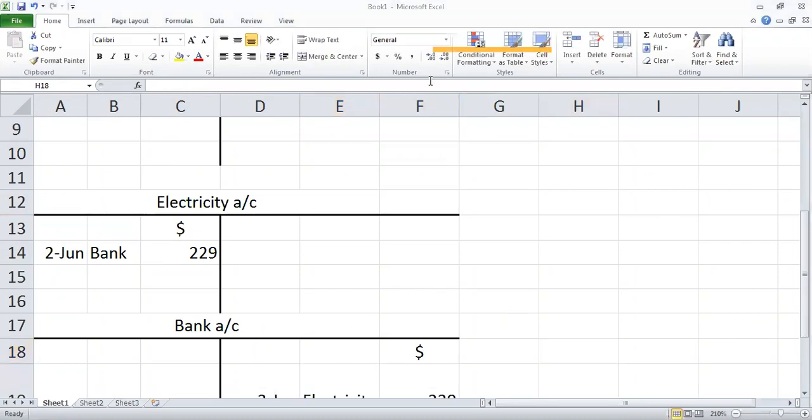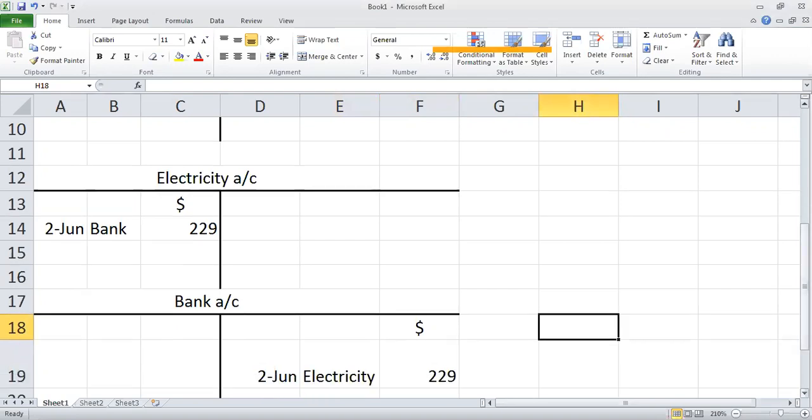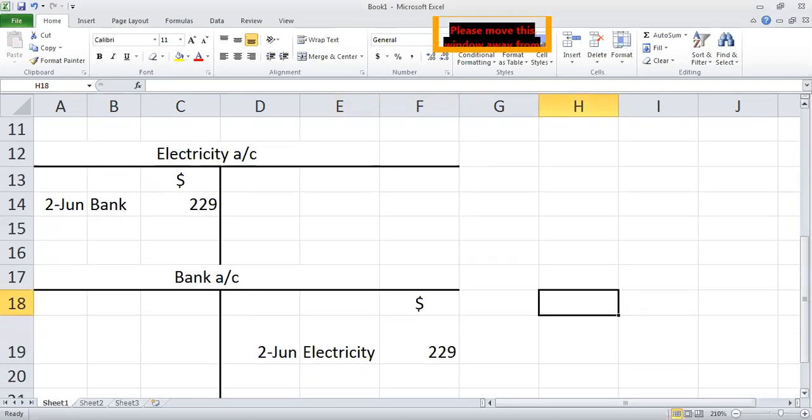Those are where the two transactions occurred, between electricity and bank. So you debit electricity account with 229 and credit bank account with 229. Why? Because electricity is an expense that has increased. Bank is an asset which has decreased because you're paying by check. So therefore you credit the bank account, all right?